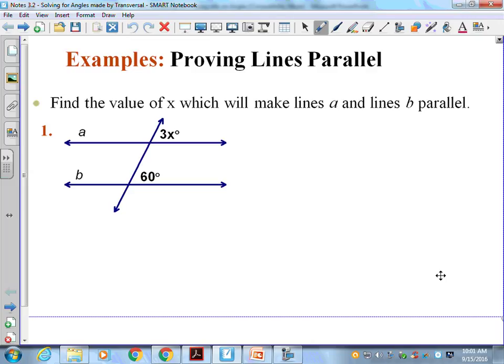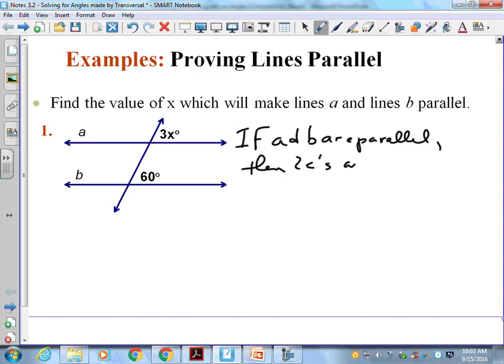So, if A and B are parallel, then the two angles are corresponding angles.